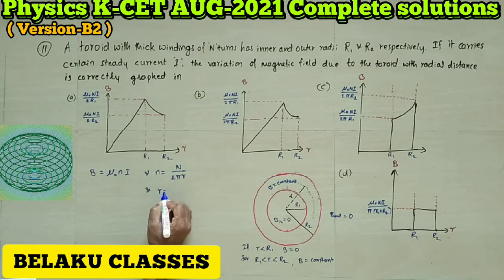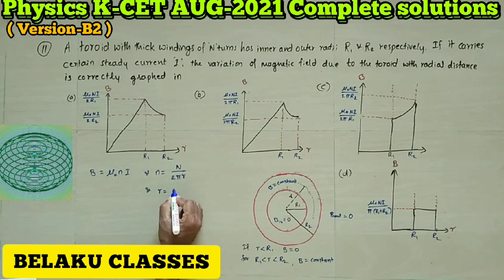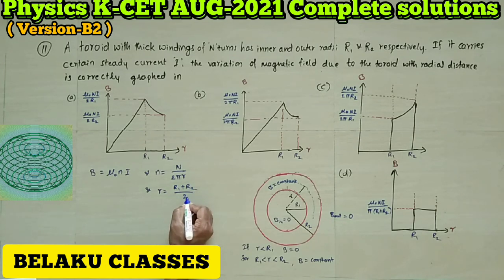Also this R is taken as the mean of R1 and R2: R is equal to R1 plus R2 by 2.